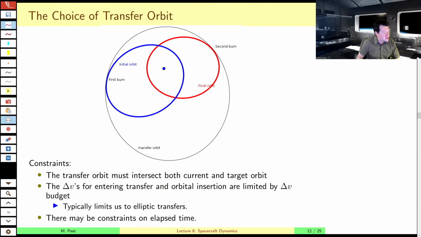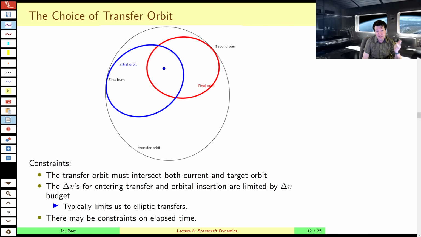Now, of course, that doesn't say anything about how we design this transfer orbit, and that, again, is what I was talking about. That's the most challenging problem. And we'll consider a couple of different ways of doing this. So first we'll consider Hohmann transfers. Then we'll consider elliptic Hohmann transfers, then bielliptics, and finally we'll come back to Lambert's problem.